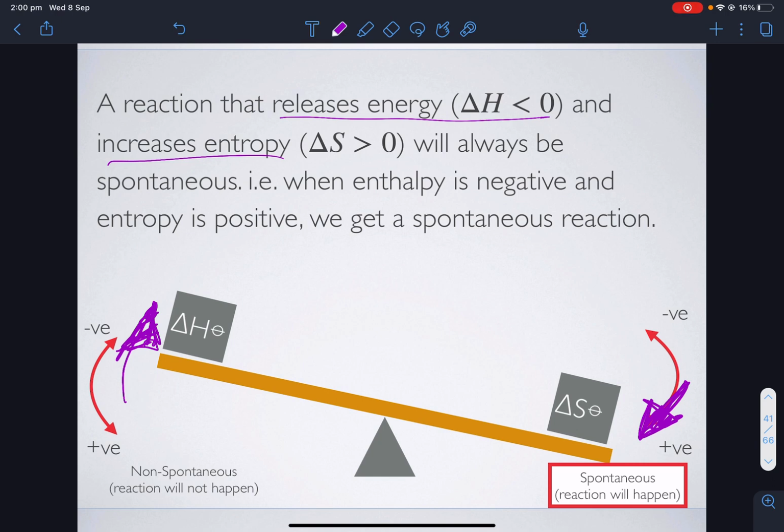If they're both pushing in the same way, the left-hand side pushing up, the right-hand side pushing down, they're ensuring that my seesaw always lands on the spontaneous side. So, as we discovered earlier, and talked about in an earlier question in the video, these two conditions ensure that our reaction's always spontaneous. Okay, but let's look at the other combinations here.